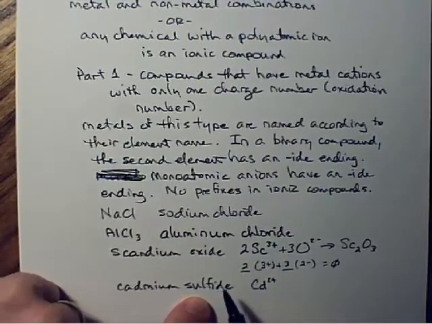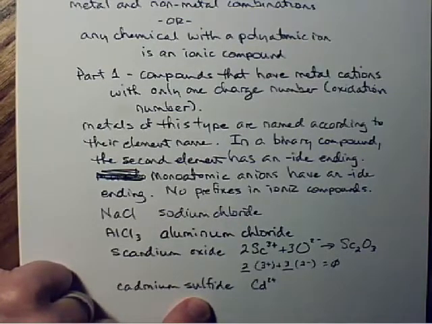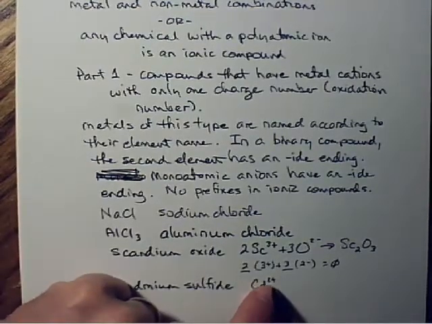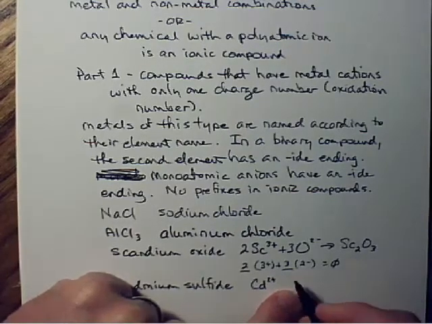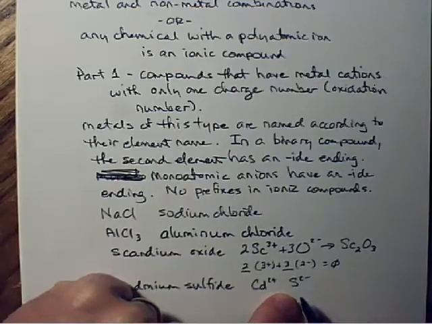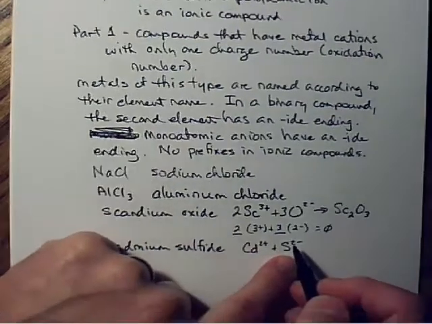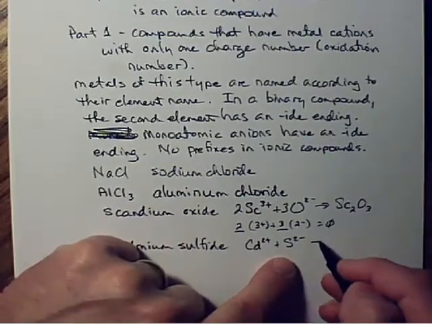Sulfide, elements in column 6A, have a 2 negative charge in a binary compound. Also, since cadmium has a positive charge, I have to have a negative charge on the sulfur, and the only available negative charge on the sulfur is 2 negative anyway. So we're going to have sulfur 2 negative. Well, that 2+ charge and that 2 negative charge cancel each other out. So that's a neutral compound if I just have one of each.